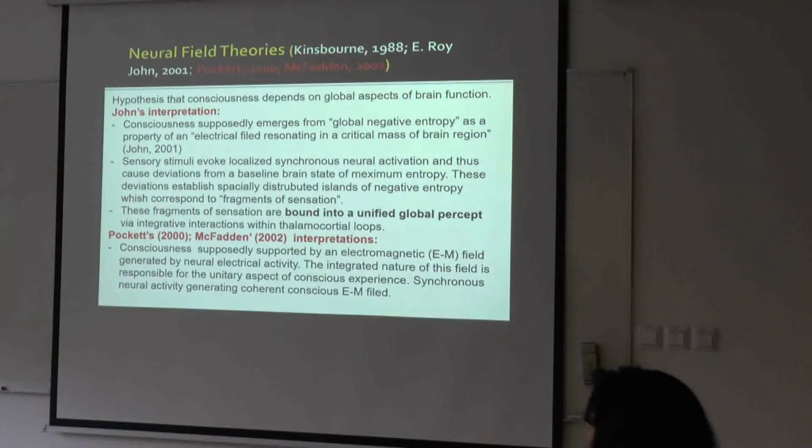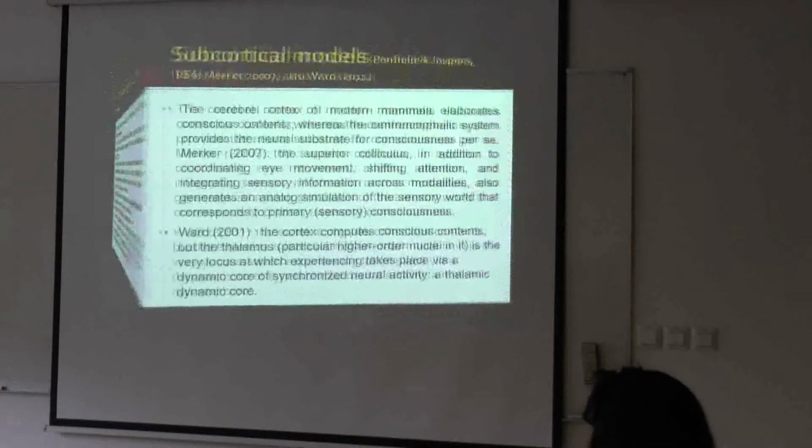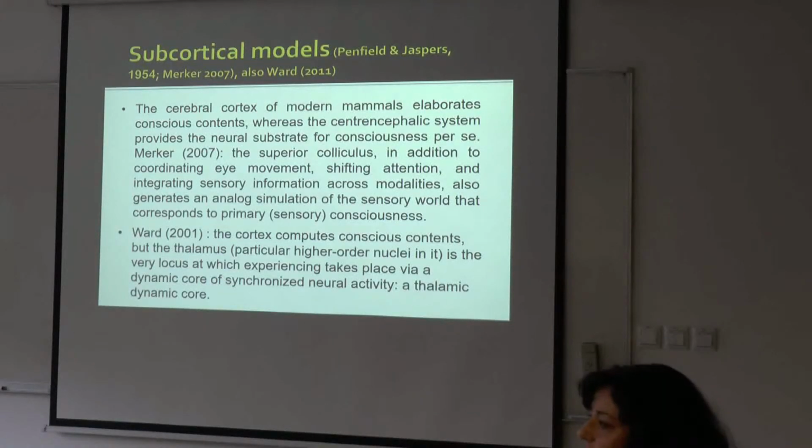Neural field theories: the hypothesis that consciousness depends on global aspects of brain function. Subcortical models, something different from what has been described today. It's not only cortical properties, but also subcortical models that have been investigated recently.